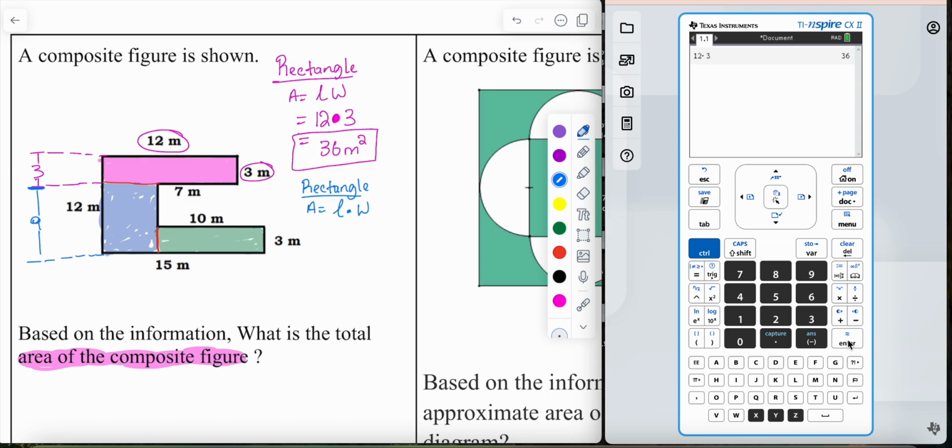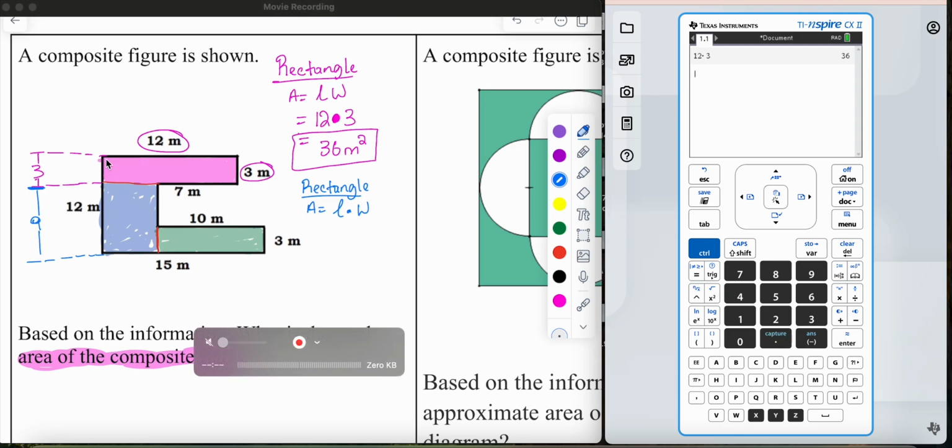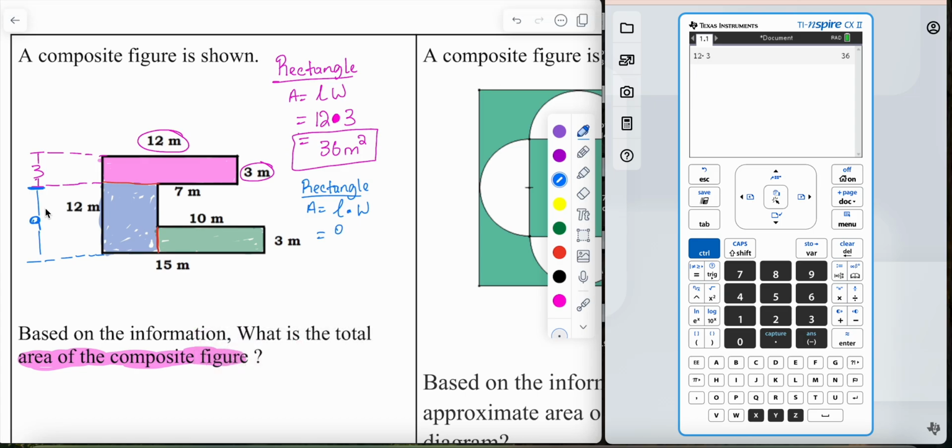Why is it 9? Because the whole thing needs to be 12. So if this part is 3, 9 plus 3 is 12. So the length of the blue would be the 9 right here. So we're going to have 9 multiply the width.